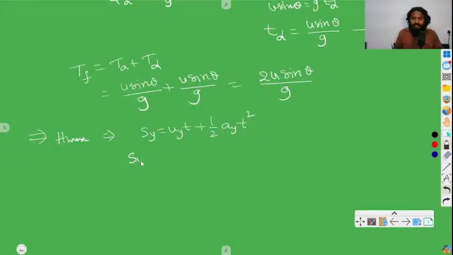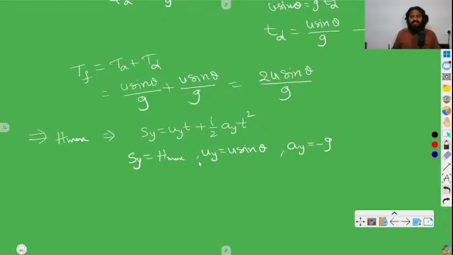Here sy is h max, the distance vertically, and uy is equal to u sin theta, and ay is minus g, because we are projecting the object upwards. Now let us substitute all these values, then you'll get the h max.